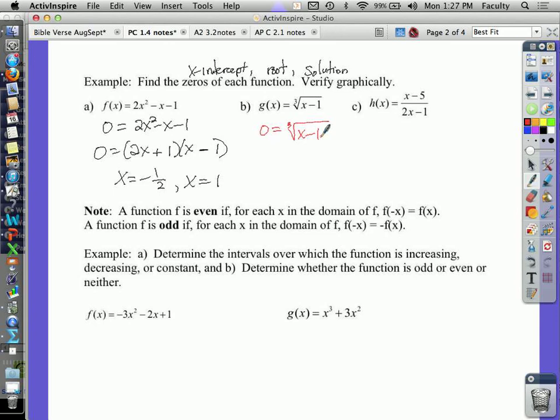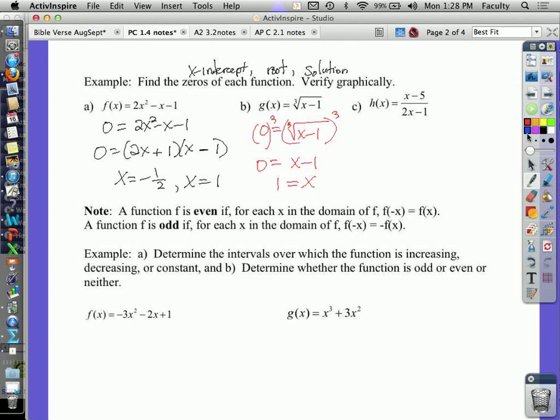So Josh, what would I want to do to both sides of this equation to undo the cube root? Cube both sides? Yeah, exactly. You want to cube both sides. Well, 0 cubed is 0. The cube root and the cube undo each other, so x is 1. And you could verify it graphically. You could look at the graph again.